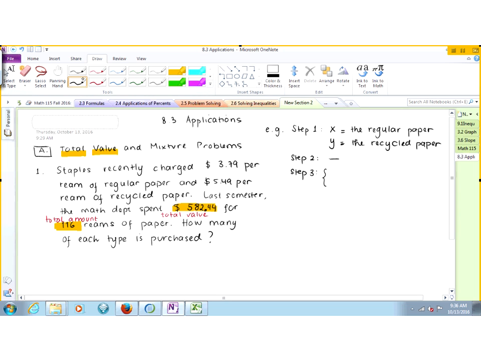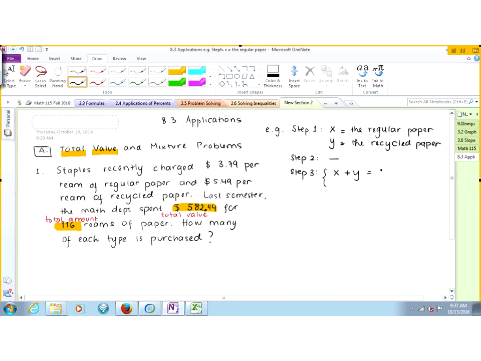One is related to the amount, the other one is related to the value. So what's the equation related to the amount? This is very simple. What is equal to 116? So what is my equation?